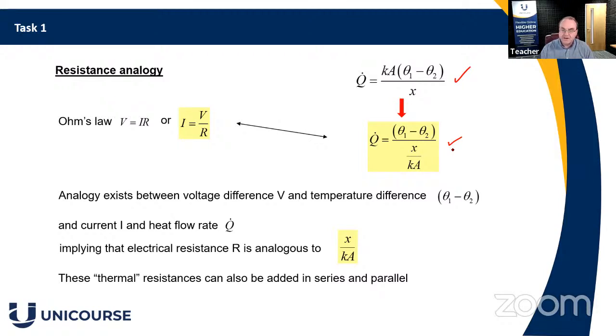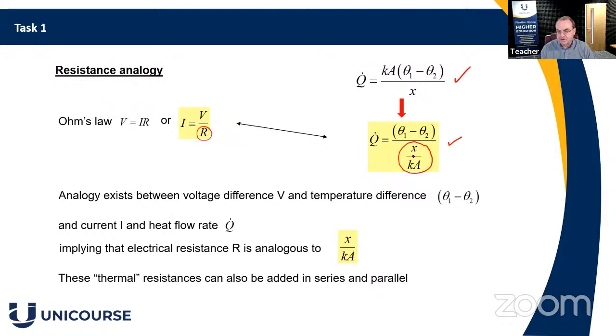Now we're going to look at an electrical circuit and look at the analogy with an electrical system. So you're probably familiar with Ohm's law, where V is equal to IR, but we can rearrange that to I is equal to V over R. And you'll see there's some analogy there. I could be Q, V is the potential difference, the voltage difference, or temperature difference in this case, and we have resistance here, R, in our Ohm's law, which is similar to the resistance of the thermal system.